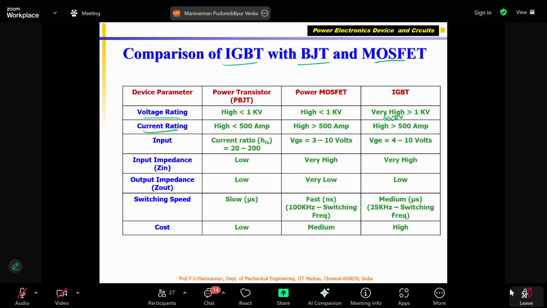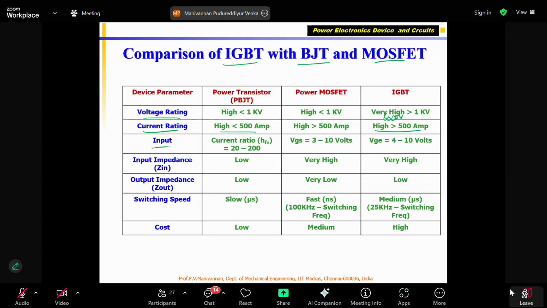The second one is current rating. Most of the power transistors can go up to less than 500 amps. 500, 400, 300 is not less, but even though it is very high, IGBT can go higher than this.